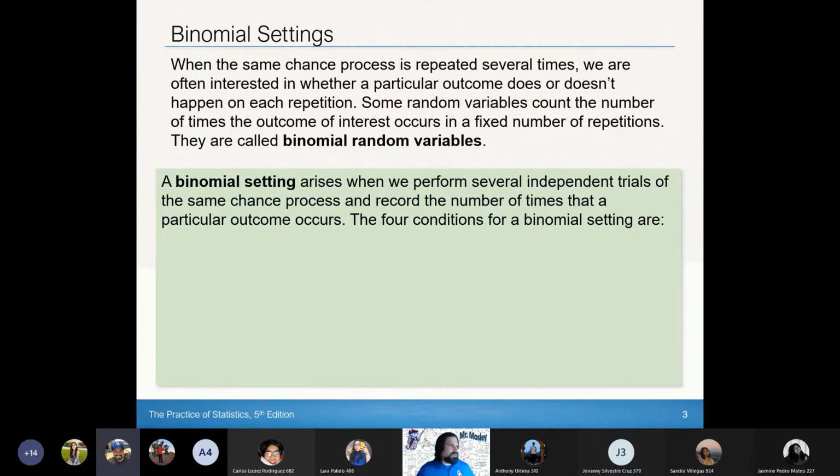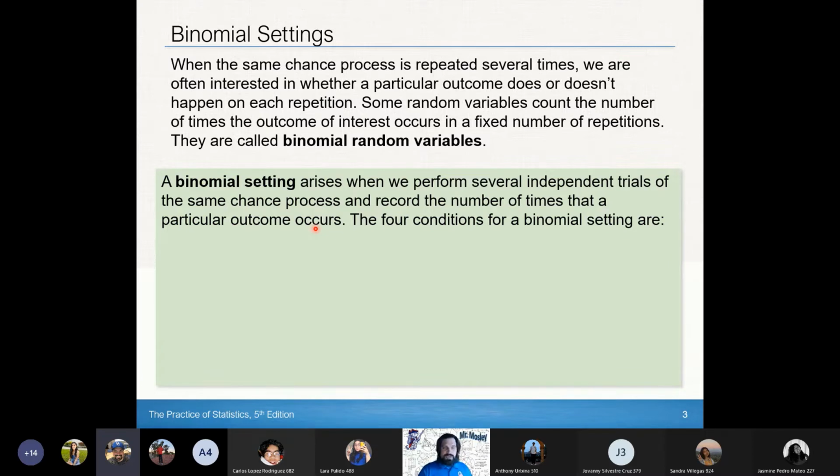So this is important. We're considering a fixed number of trials, a fixed number of repetitions. If I have a fixed number of repetitions, then we can maybe use a binomial random variable. A binomial setting arises when we perform several independent trials of the same chance process and record the number of times that a particular outcome occurs.